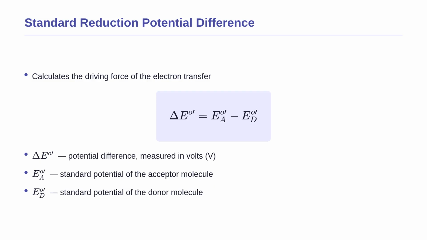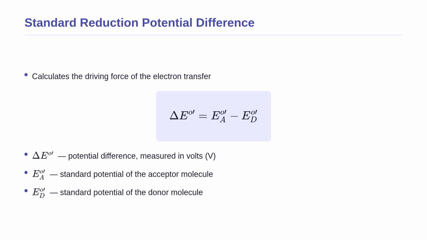The symbol E0 prime A represents the standard reduction potential of the molecule receiving the electrons, measured in volts. The symbol E0 prime D represents the potential of the molecule giving away the electrons. In plain English, the total driving force is the difference between how badly the acceptor wants the electrons and how tightly the donor holds them. A large positive value means electrons flow eagerly.